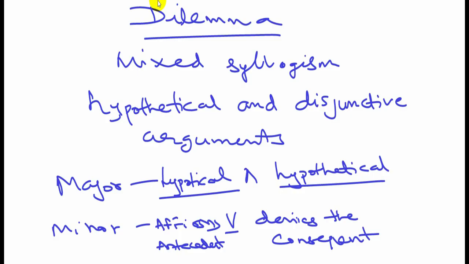Major in a dilemma is formed by the conjunction of two hypothetical arguments or propositions, and the minor is a disjunctive proposition which either affirms the antecedent or denies the consequent.